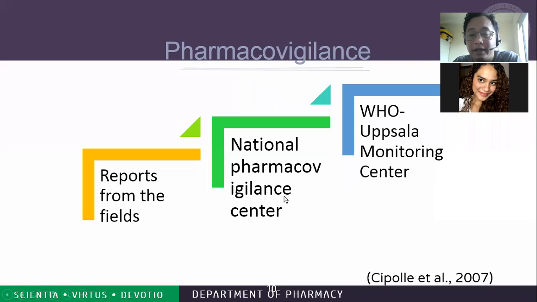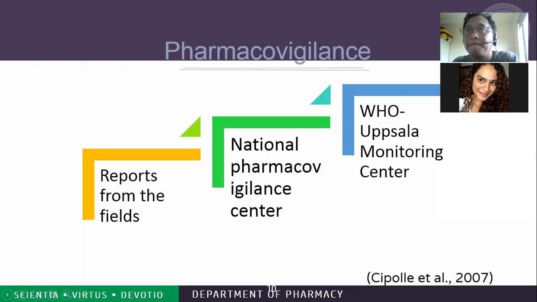The data for pharmacovigilance can be generated from the point of care, from health facilities, and then usually it is reported to the National Pharmacovigilance Center. But different countries may have different systems in pharmacovigilance.